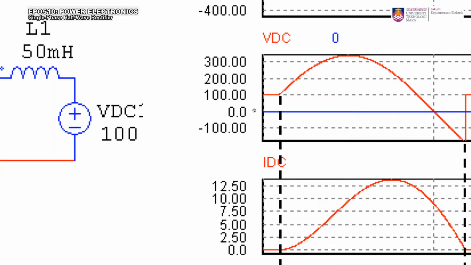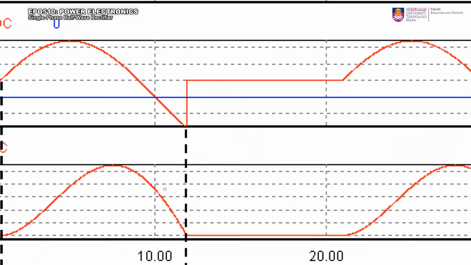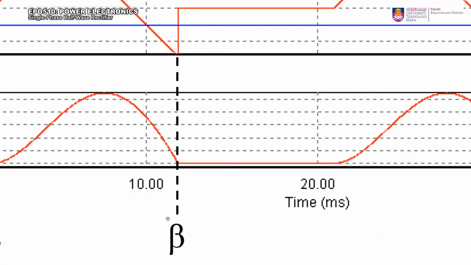If you want to get the area, you simply multiply 100 volt by alpha. For the second area, area 2, it will again be 100 volt multiplied by the width. We now know this is beta and this is 2 pi, so we have the height and also the width. You just multiply 100 volt by 2 pi minus beta, so that will give you this length or base here, isn't it?